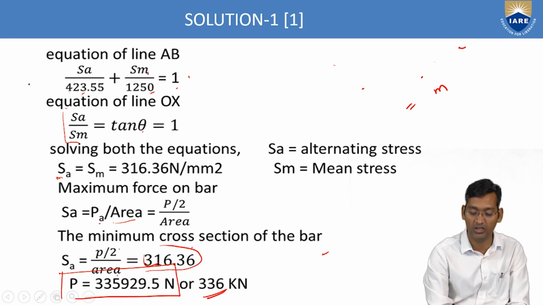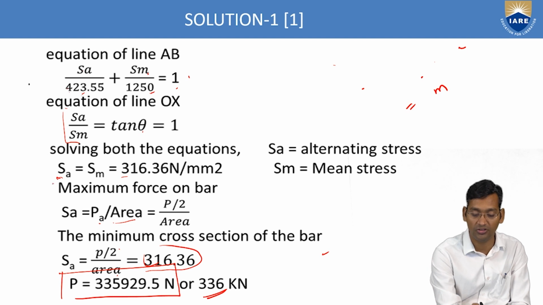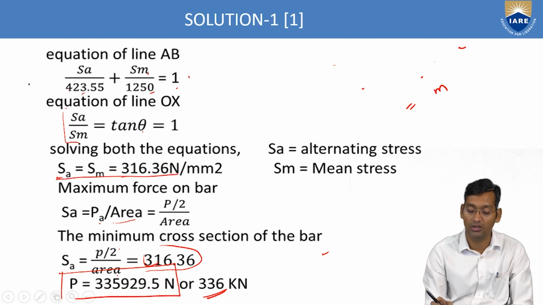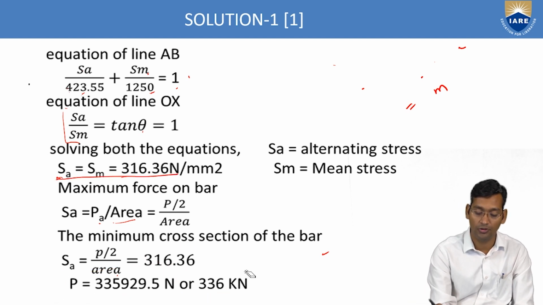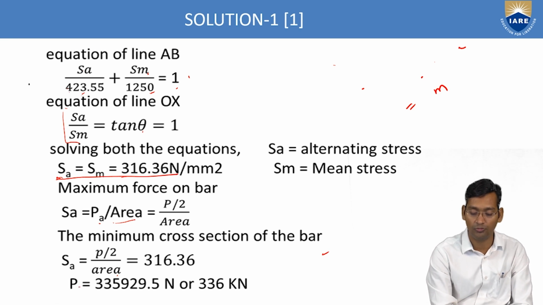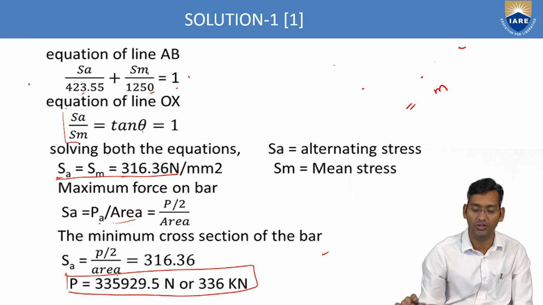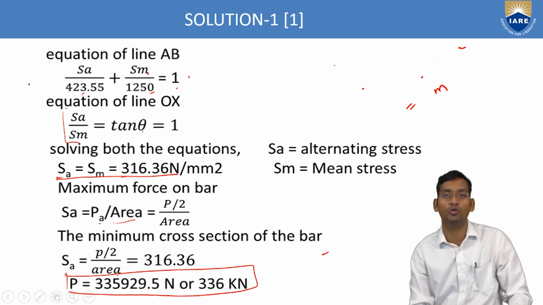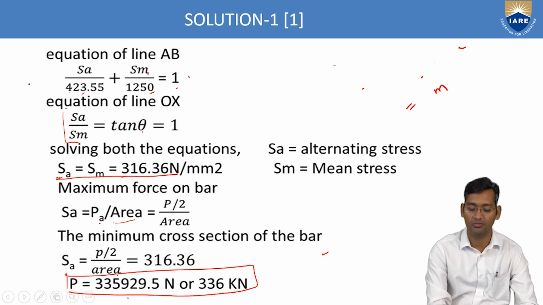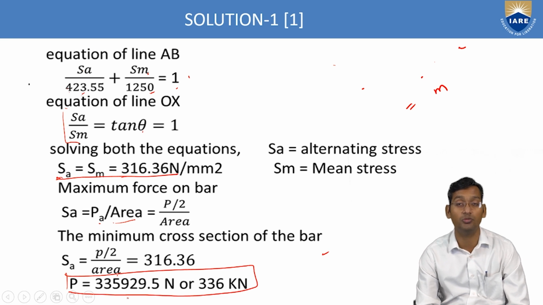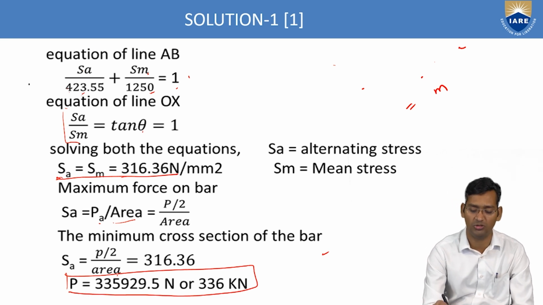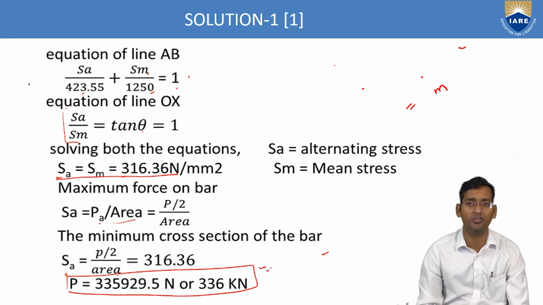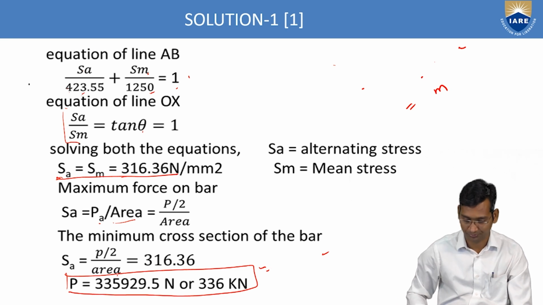So SA is P by 2 into area, and SA we already got as 316.36. After putting that value, what will we get? P, that maximum, equals 336 kilonewton, or 335929.5 Newton. Approximately we can write that as 336 kilonewton.